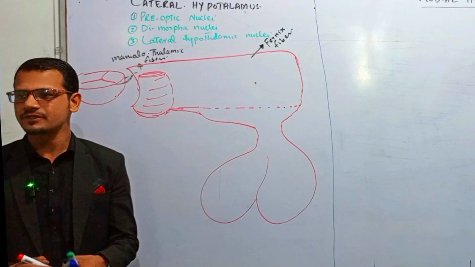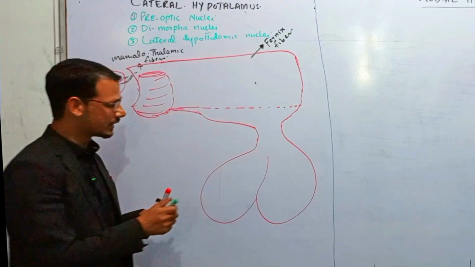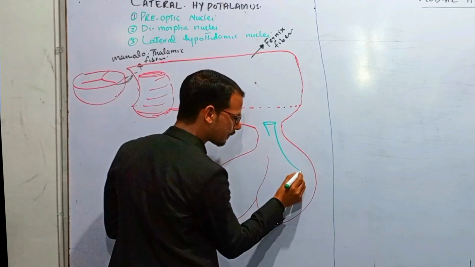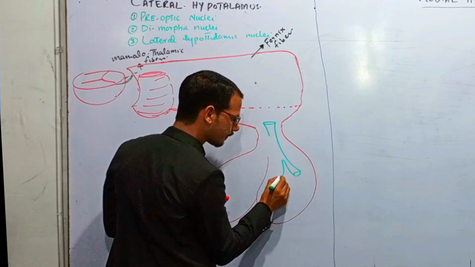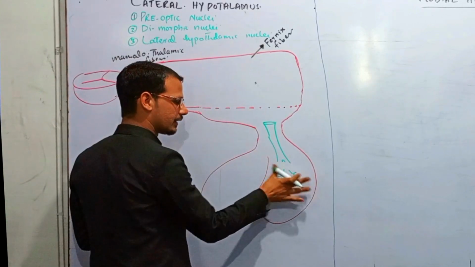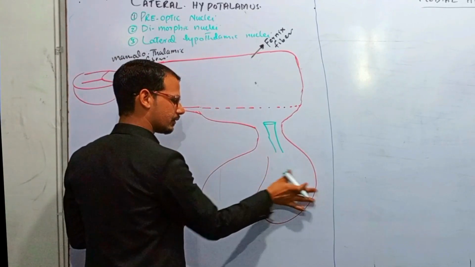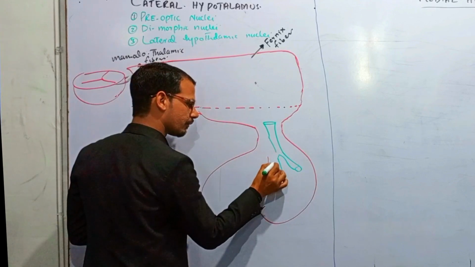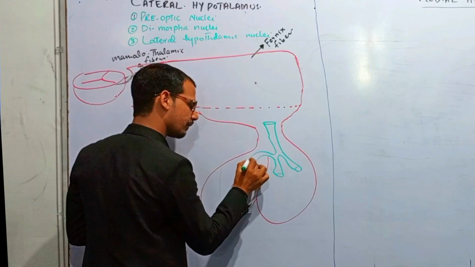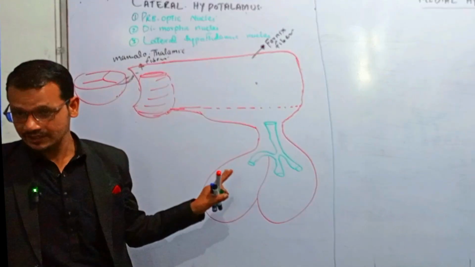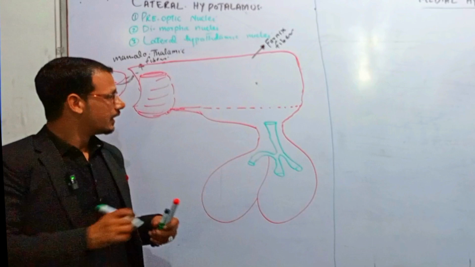Mammillary swelling. We have some special blood supplies here. For example, this is the blood supply, right? But this is the general blood supply. It is not actually like this, right?